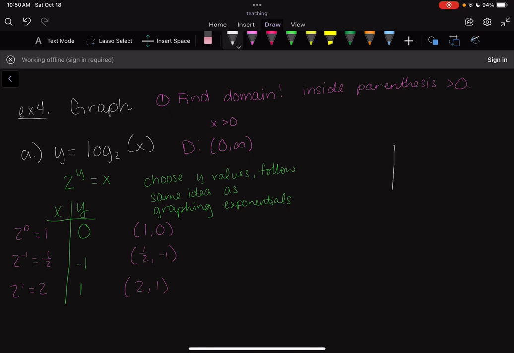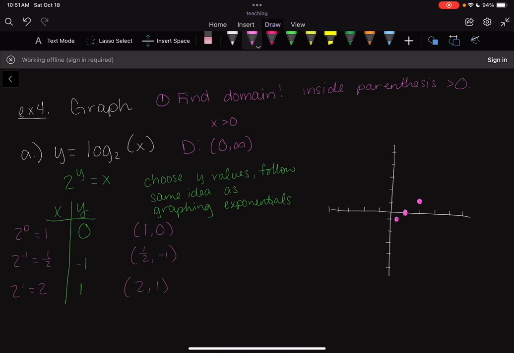So I'm going to go graph these points. (1/2, -1), and then (2, 1).